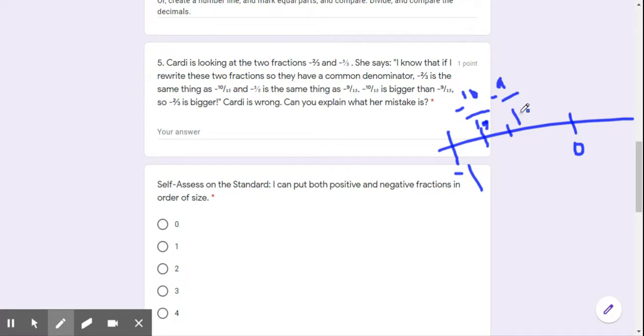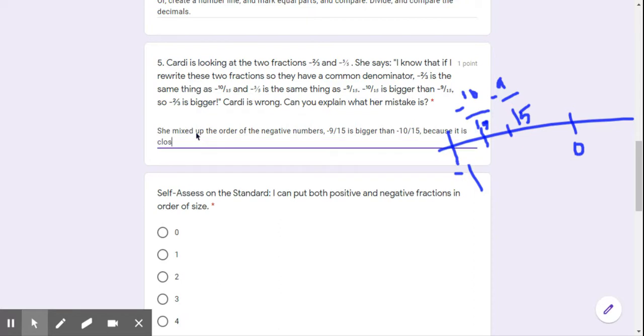So -9/15 is actually bigger. So we want to say she mixed up the order of the negative numbers. -9/15 is bigger than -10/15 because it is closer to 0.